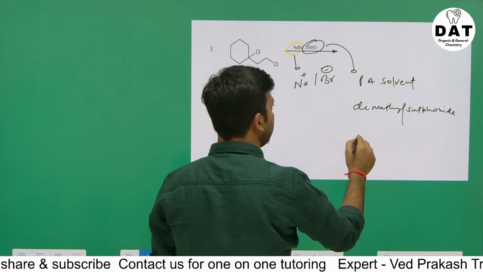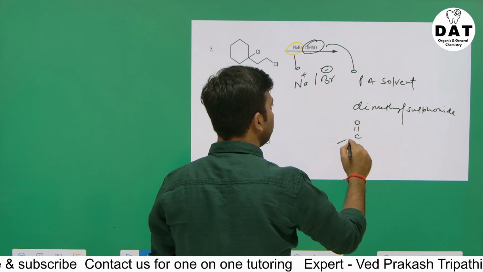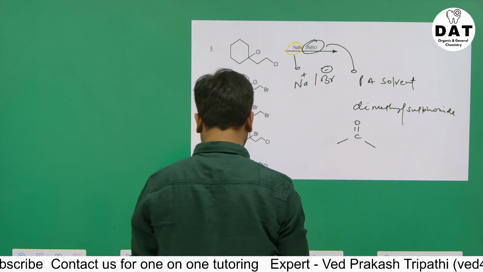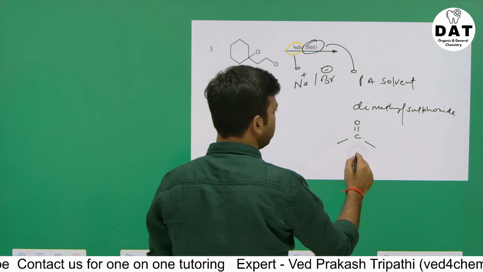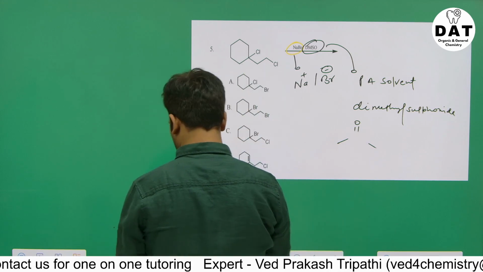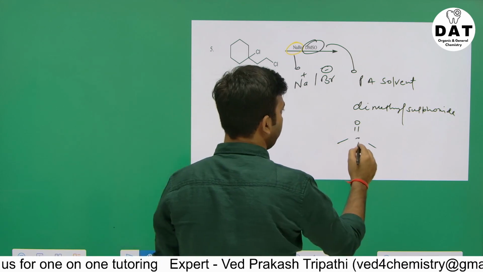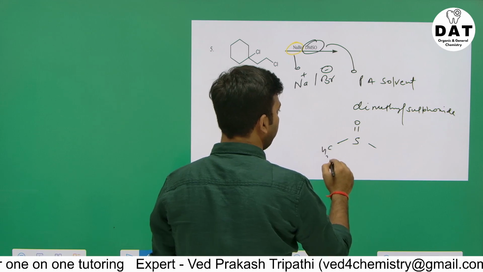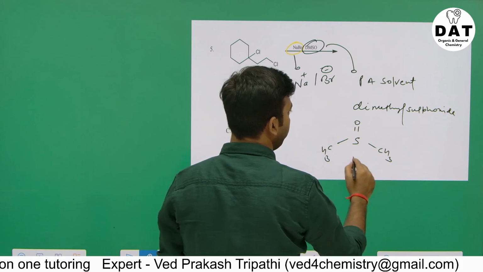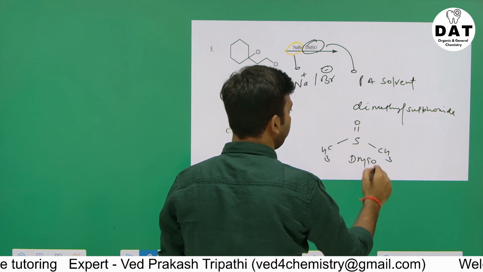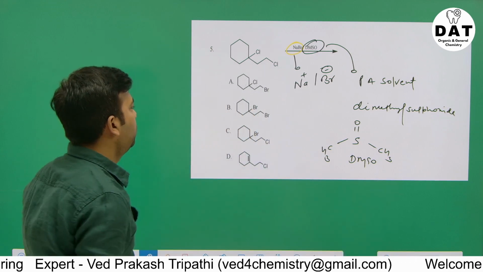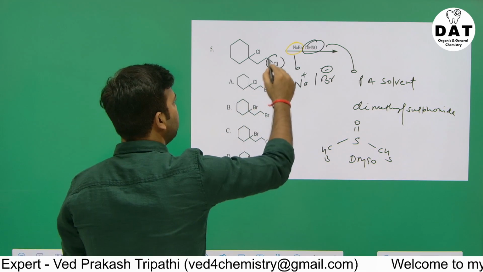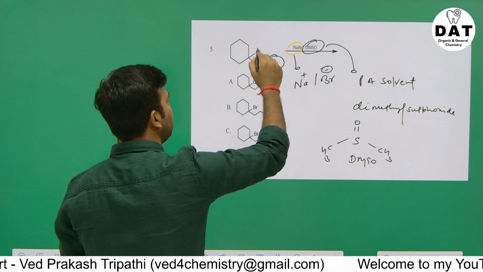Which structure is like this. Sorry, here we have sulfur. This is DMSO. This is a primary alkyl halide and this is a tertiary alkyl halide.